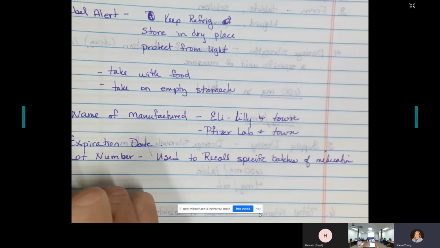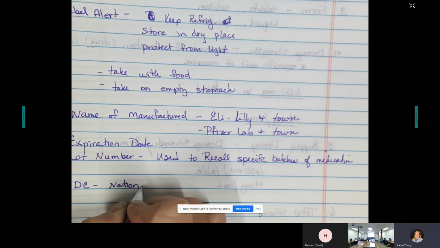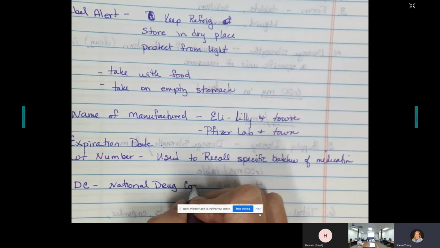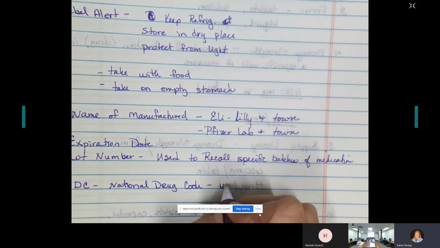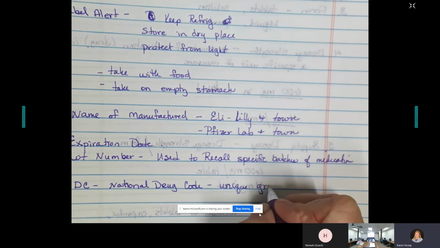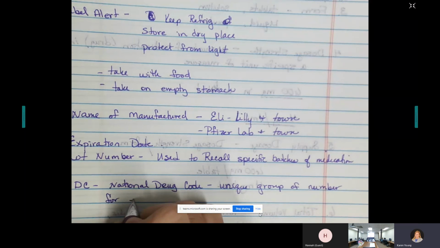And then we have the National Drug Code, the NDC. This is a unique group of numbers for each medication.